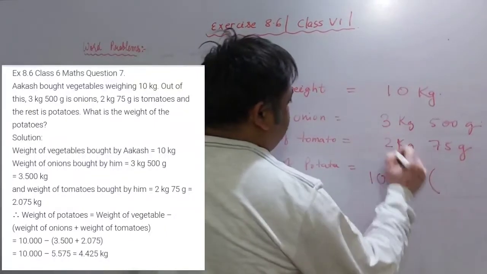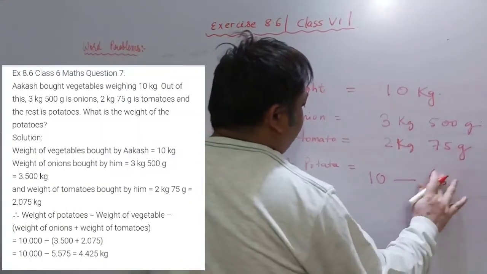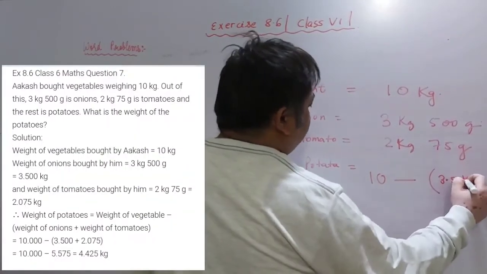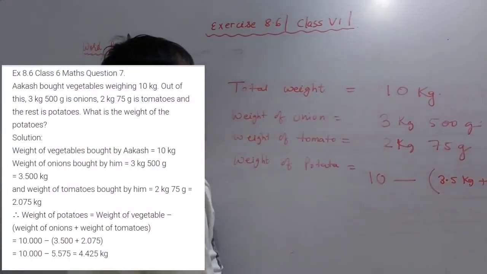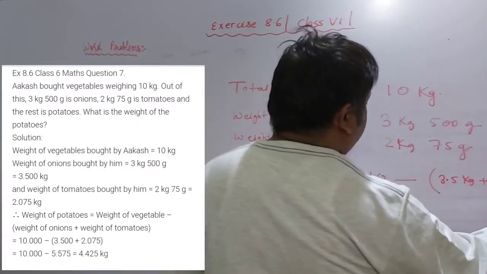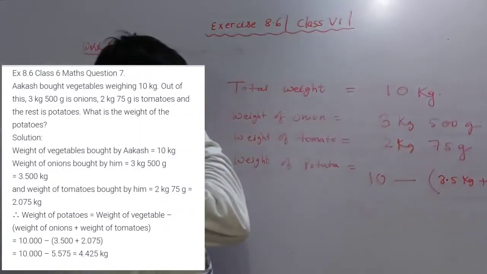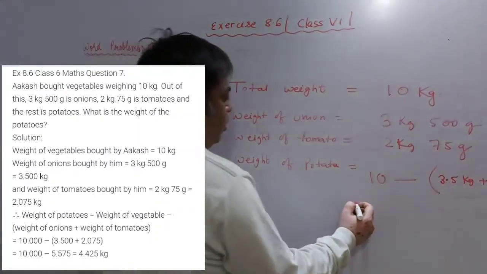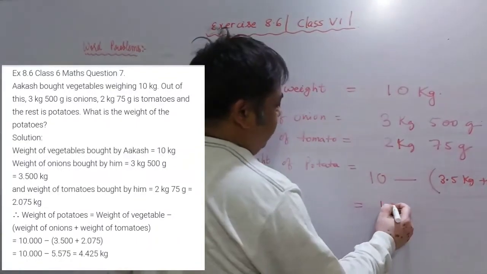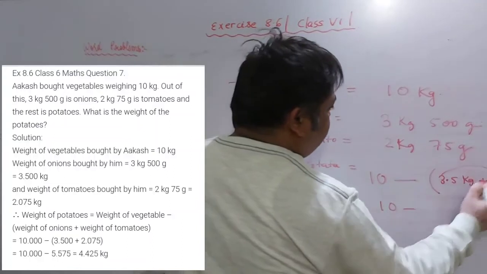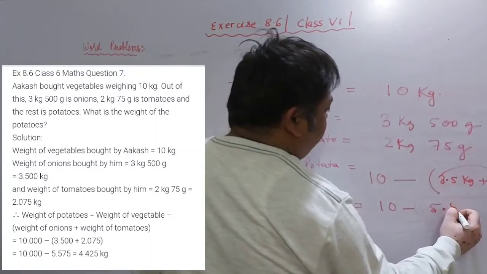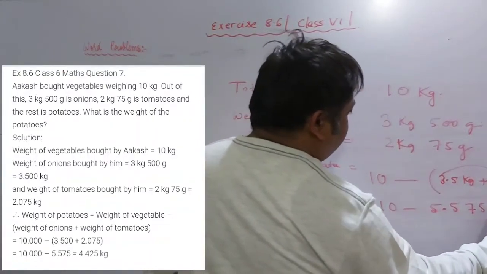If you add 5 plus 3 plus 2 will become 5 kg, or we can write it once. 3.5 kg we can write this one, plus this we can write as 2.075 kg. So now we can add, 10 minus this will become 5 point 575 kg.